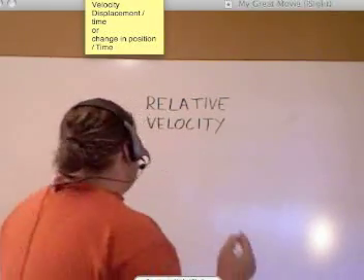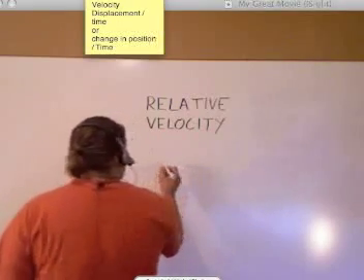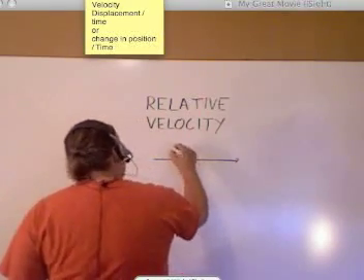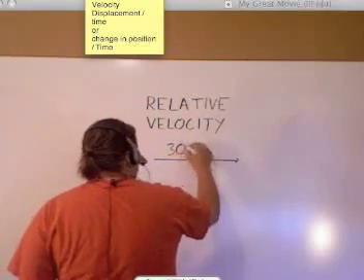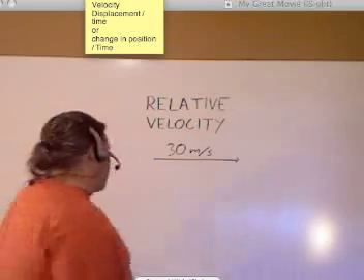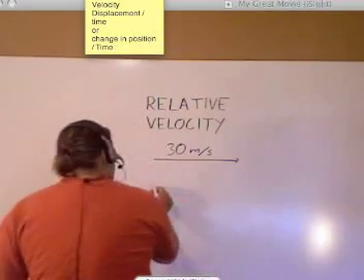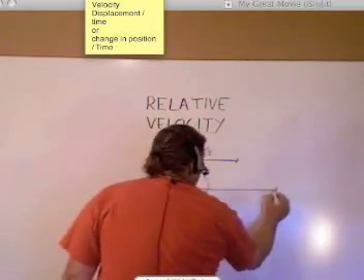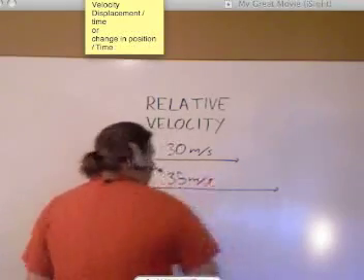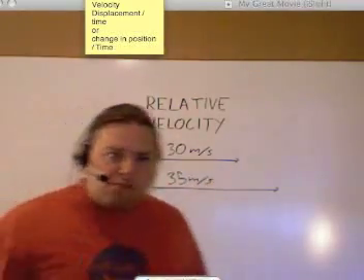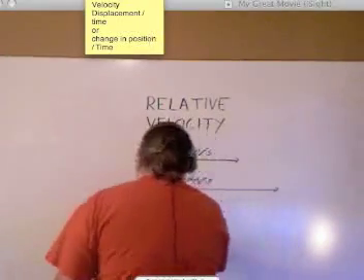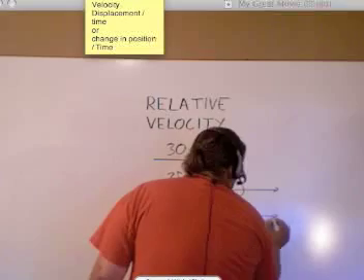If you were driving along on a perfectly smooth road, no bumps in the road, at a velocity of 30 meters per second, and a car drives by you at a velocity of 35 meters per second, the car that drives by you would appear only to be moving a total of 5 meters per second.